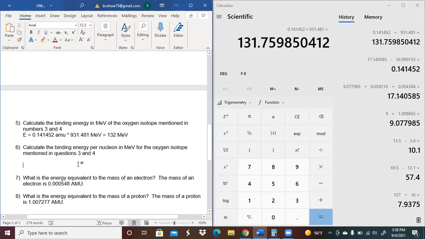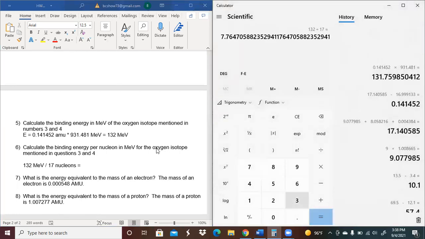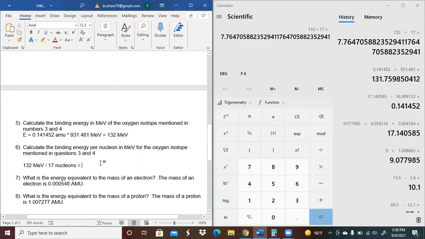So if I take 132 MeV divided by the number of nucleons, which we said was 17, that's 7.76 MeV per nucleon.